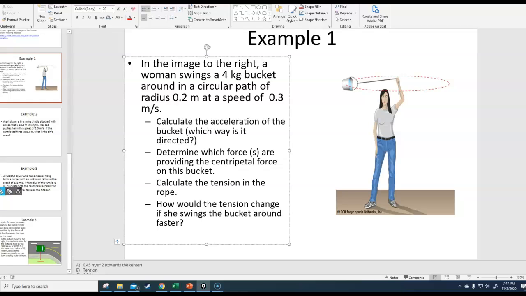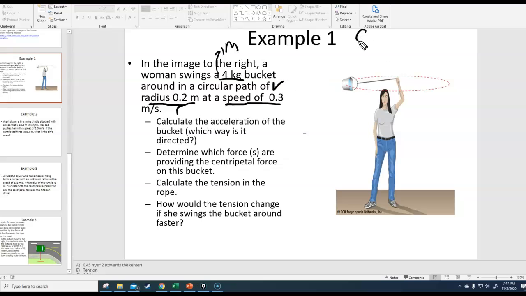For the actual calculation, we just need to use the equation for centripetal acceleration. Make sure you identify your givens. Here we have the mass, so that's our m. We have the radius, which is r. And we have the speed, or the velocity, which is v. The equation for centripetal acceleration is just v squared divided by r.